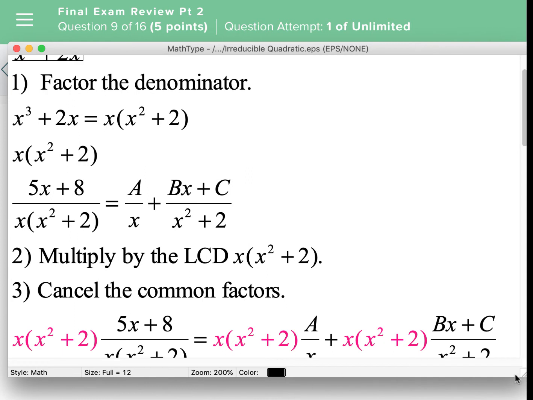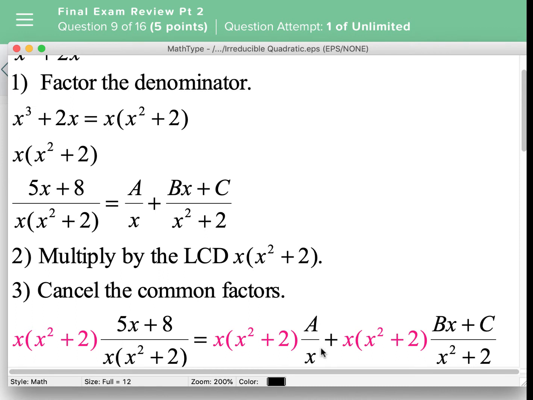So I've multiplied each term on the right by x times x squared plus 2 using the distributive property, and on the left I've multiplied x times the quantity x squared plus 2. The denominator on the left will cancel x squared plus 2 and the x, leaving me with just the 5x plus 8.